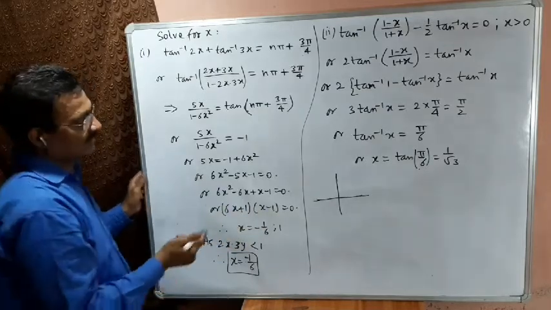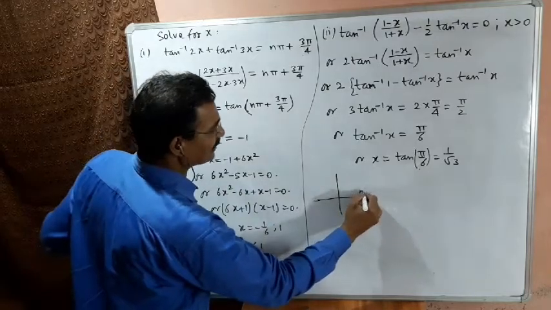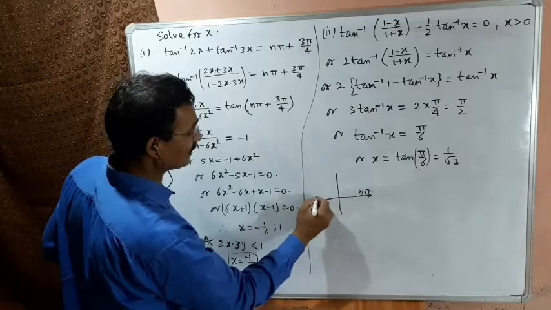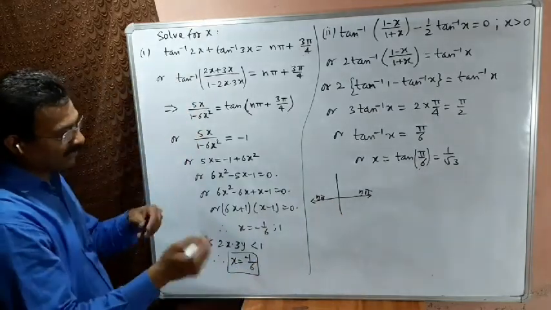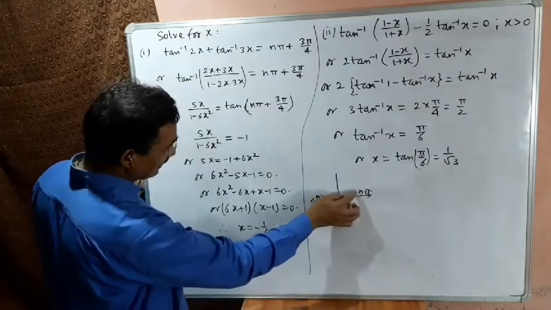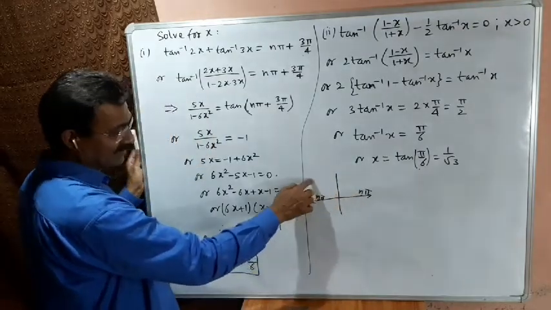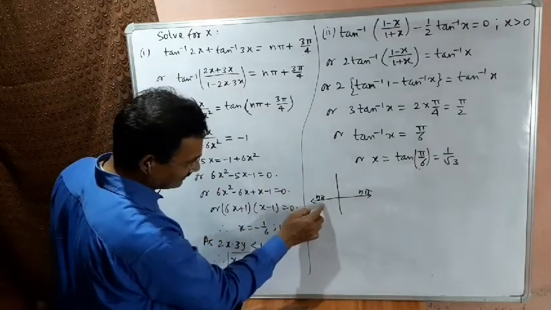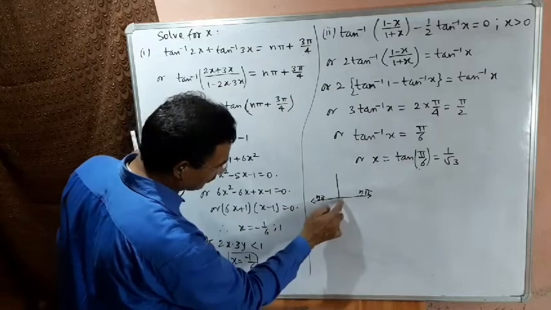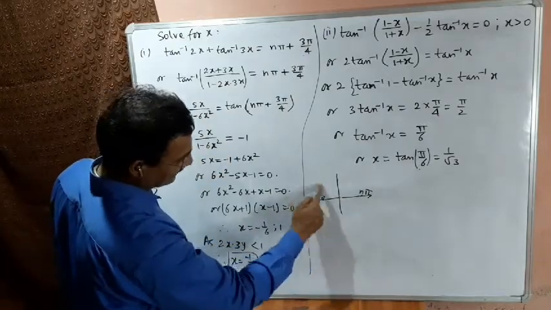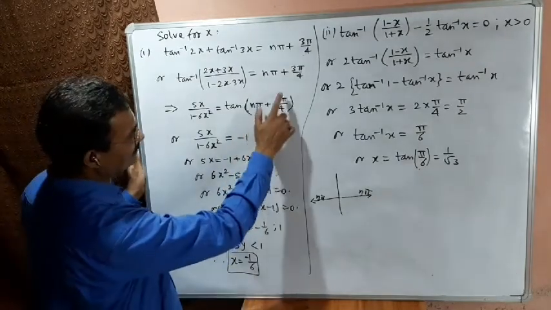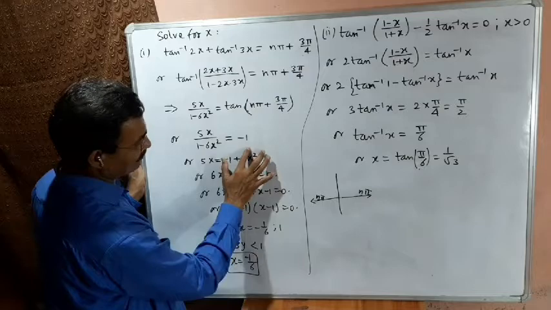If n is even, then n pi will be on the positive x-axis, and if n is odd, then on the negative x-axis. In both cases, if n pi is like this, then n pi plus 3 pi by 4 will go in the second quadrant, and if n pi is like this, then again 3 pi by 4 added goes to the fourth quadrant. In second and fourth both, tan is negative. Therefore, tan of n pi plus 3 pi by 4 will be equal to minus 1.